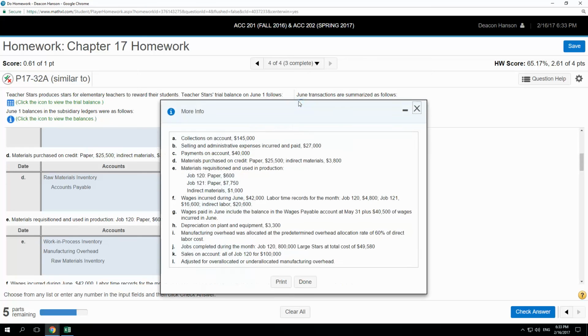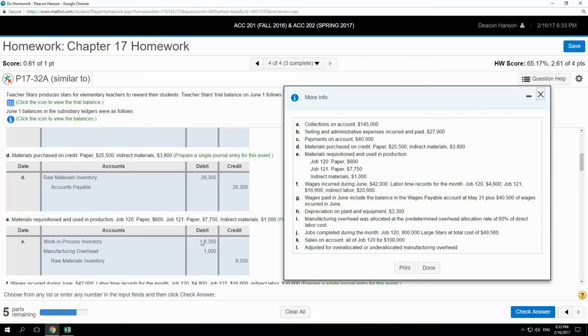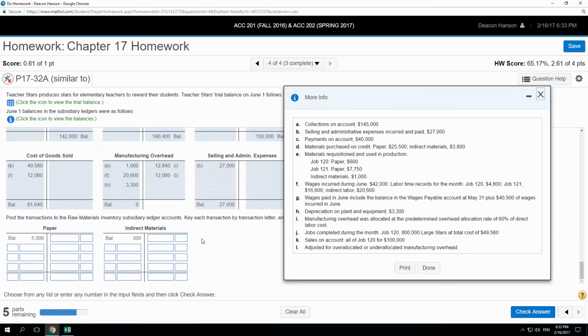So this is where we might want to have these open. So we're going to put 25,500 from item D to paper, and we're going to put 3,800 from item D to indirect material.